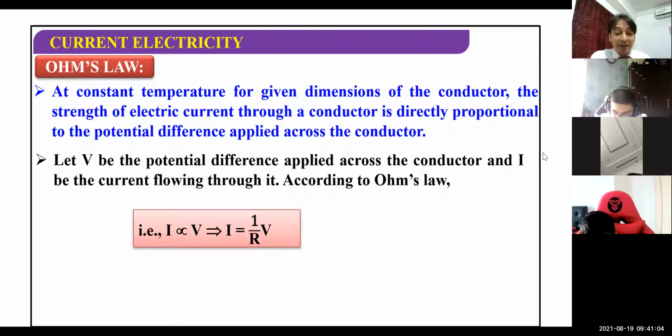Is there any direct or indirect relation between current and voltage? If I increase the voltage, is the current going to increase or decrease? That was the experiment done by Ohm, and from his observation he gave a law, and the name given is Ohm's law.